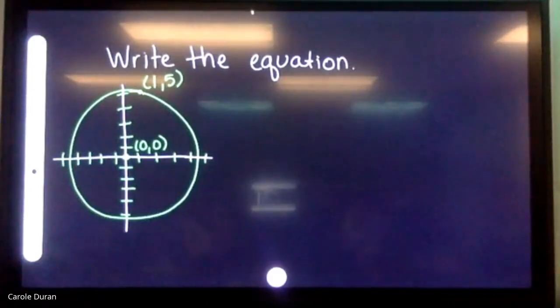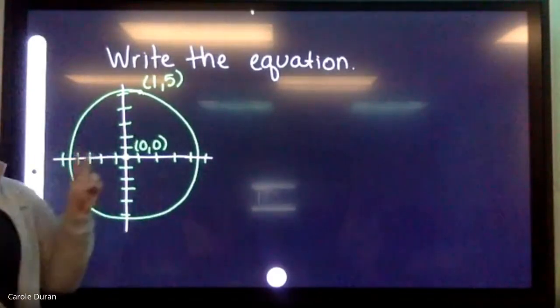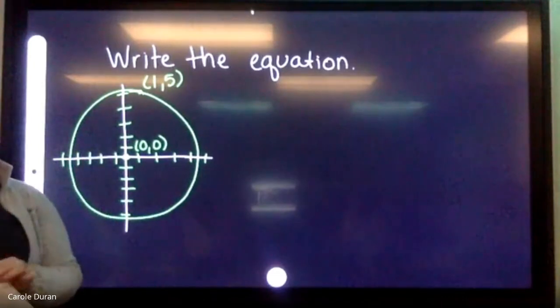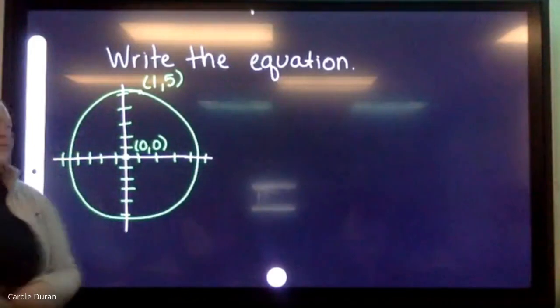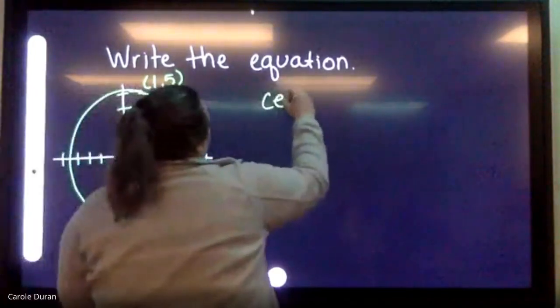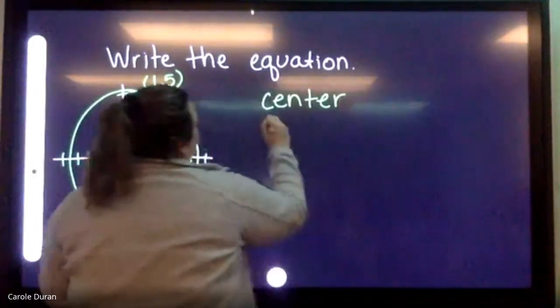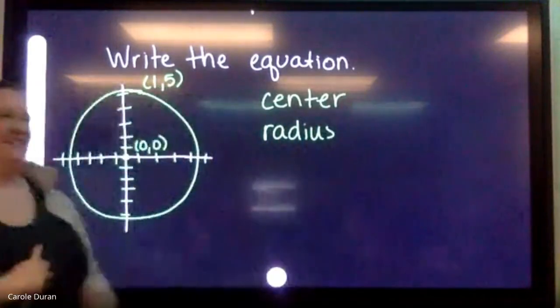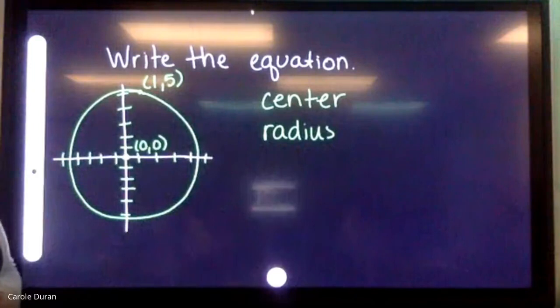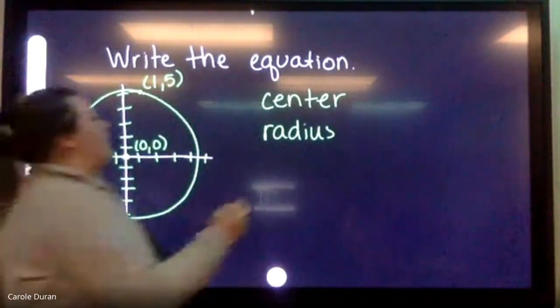Brandon, since you're talking, what 2 pieces of information do I need to know to write the equation for a circle? Center and radius. Do I know either of those right now? What do I know already? The center, what is it? 0, 0.